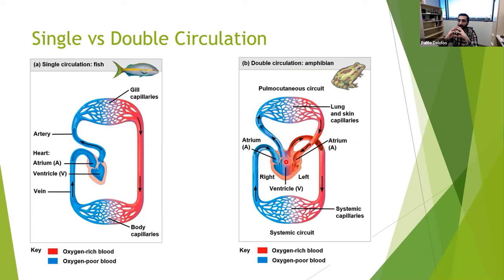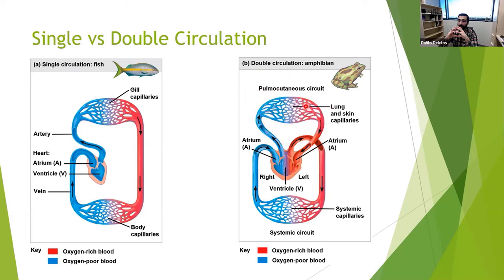Ultimately, oxygen-poor blood will enter the lung or skin capillaries. This skin capillary portion is only relevant for things like amphibians, which have what's called a pulmocutaneous circuit. You might not be familiar with that term because we have what's called a pulmonary circuit. Pulmon means lung, so this is where our capillary bed is located, and this is where we get oxygen.